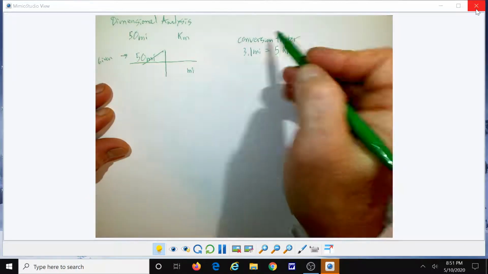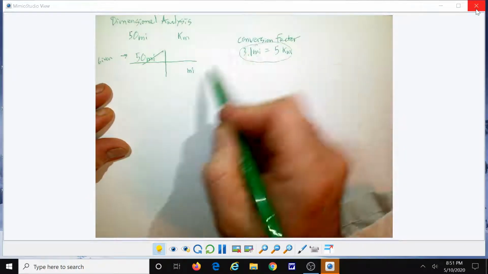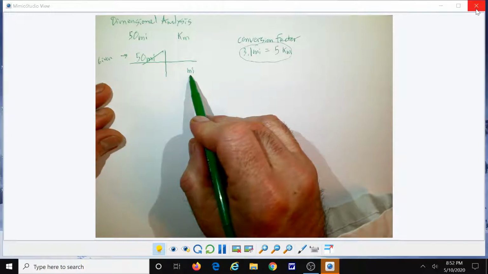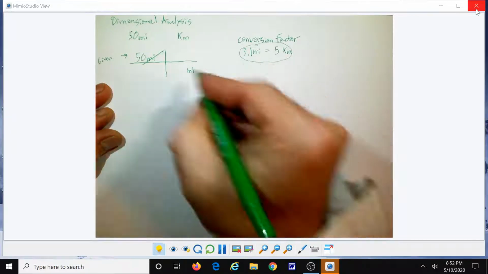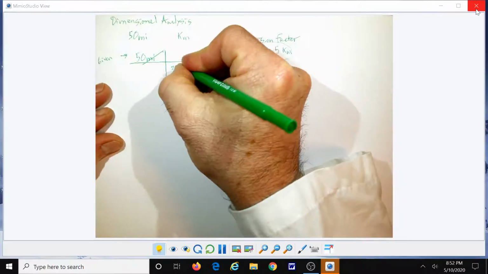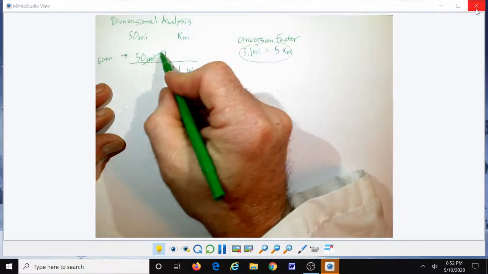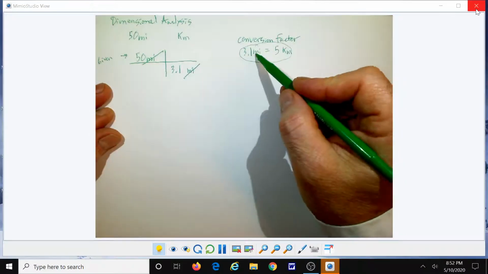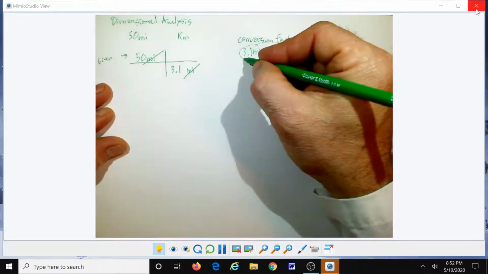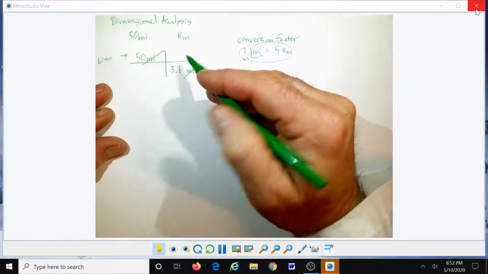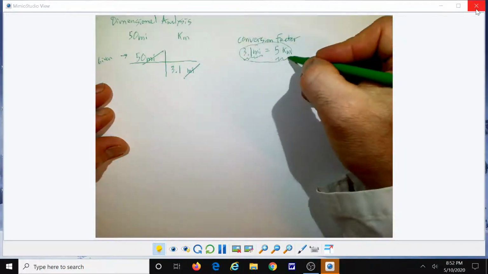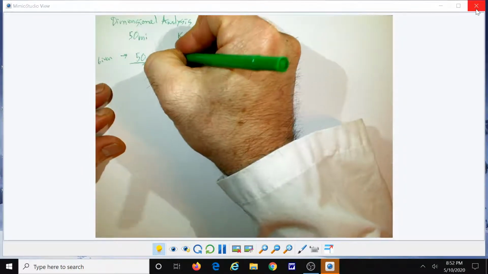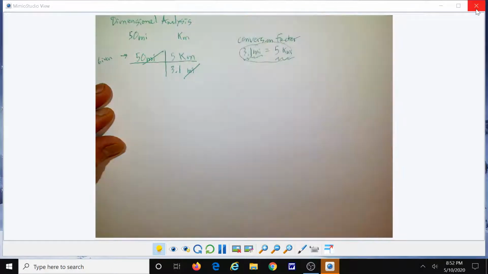So what are we going to put in the denominator? We're going to put the mile, 3.1. The reason we put a mile here is because this unit has to cancel with what's down here. And what goes on top is the other side of the conversion factor. Since we've already used this side, the other side, the top, would be your 5 kilometers.